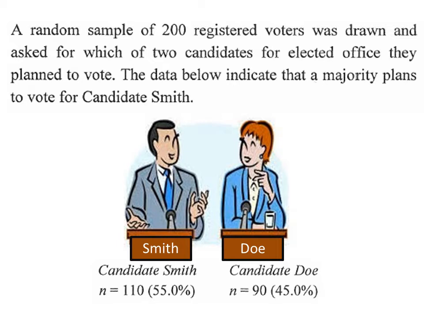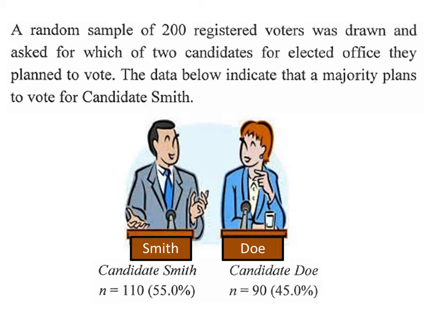Below, we have an N of 110 for candidate Smith and an N of 90 for candidate Doe.